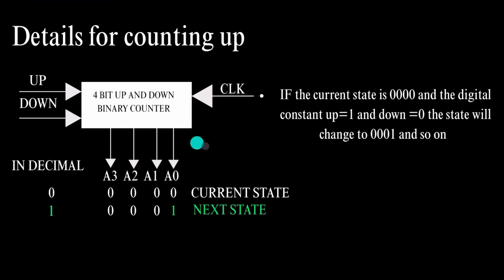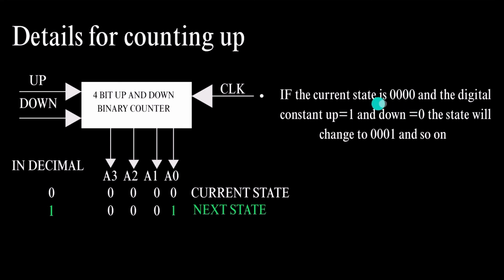Details for counting up. As you can see here, this is our counter, and there are two inputs, up and down, and the clock, of course, and this is the current state. This small note will help you understand what's going on.